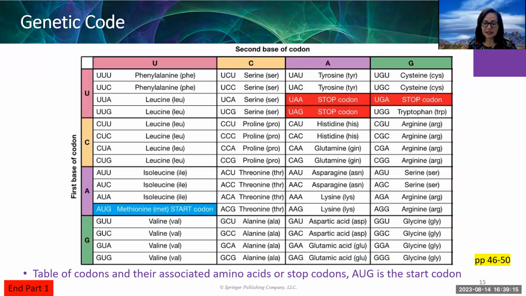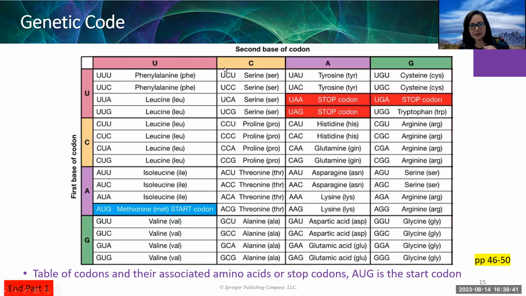Here's the table. I'm not going to make you memorize this, but I do want to point out a couple things. One is, the words, if you will, they're 3-letter words, and they're referred to as codons. If the first letter of the word is U, and the second letter of the word is C, then we go over here.